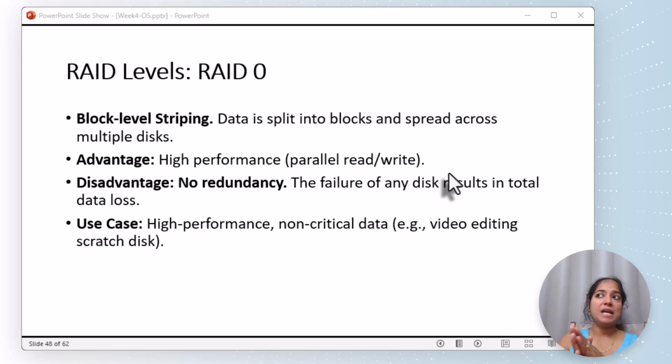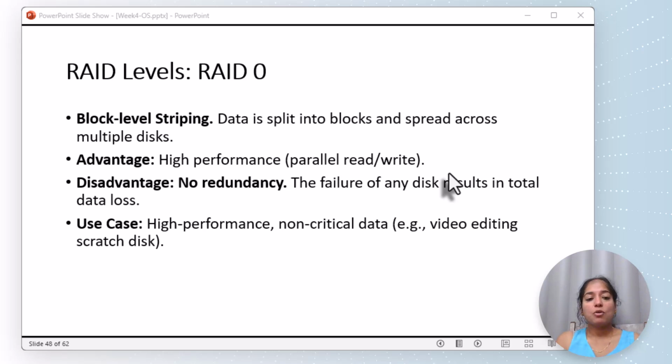We have different types of RAID levels. RAID 0 is based on the concept of striping. We use block level striping, so data is split into blocks and spread across multiple disks. The benefit is high performance because you can perform parallel read and write operations.